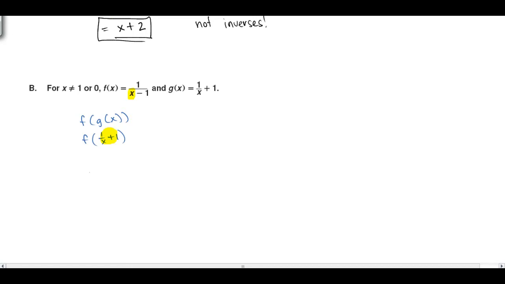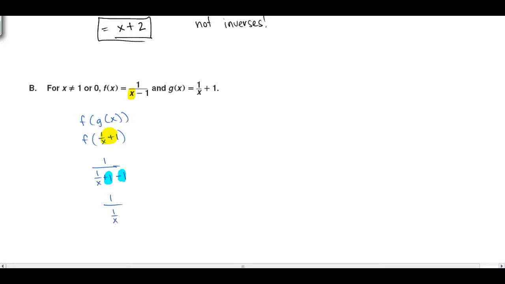So what we get is 1 over, oh yuck, 1 over x plus 1 minus 1, right? So I got all that in there. Well, cool. The minus 1 and the plus 1 actually are just going to knock each other out. So they're gone. So now I have just 1 over x.